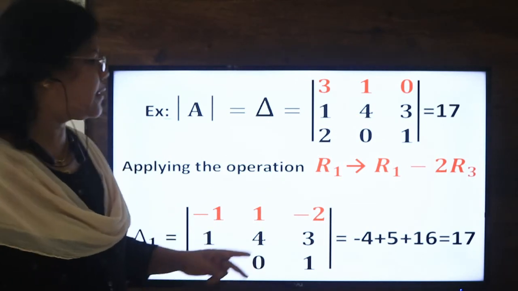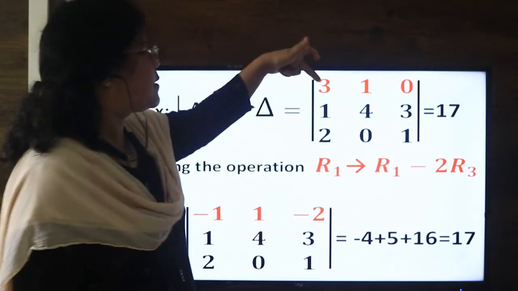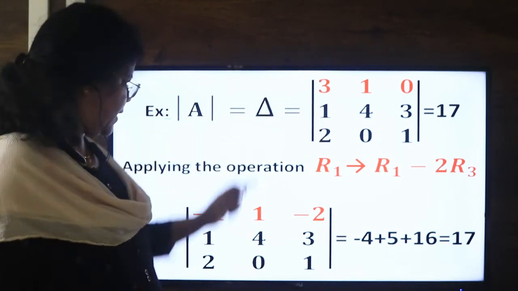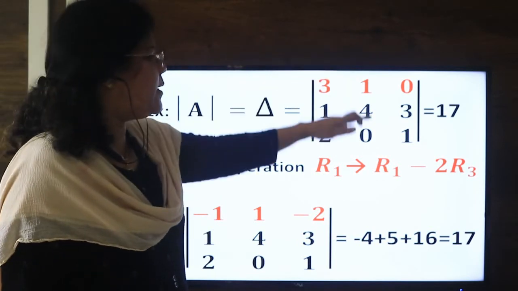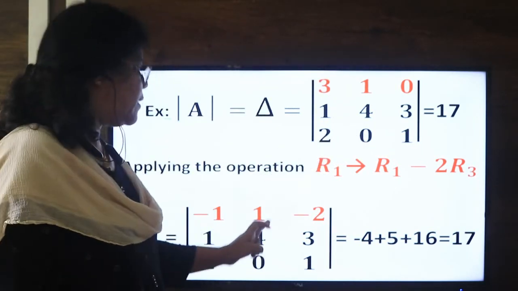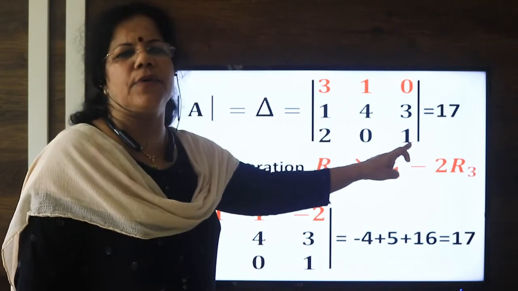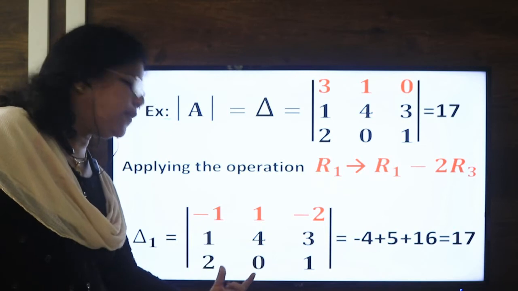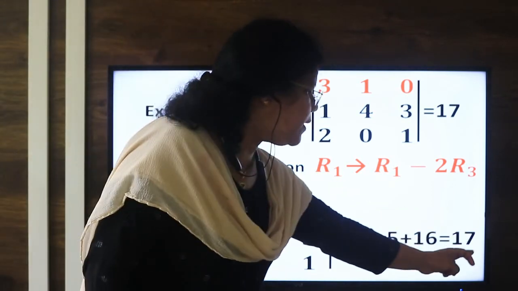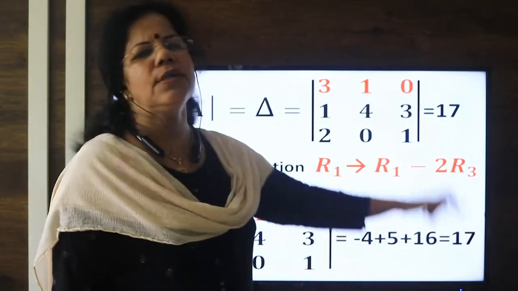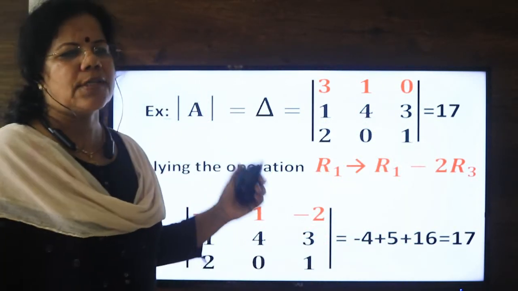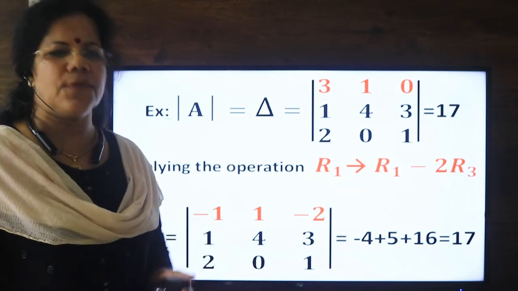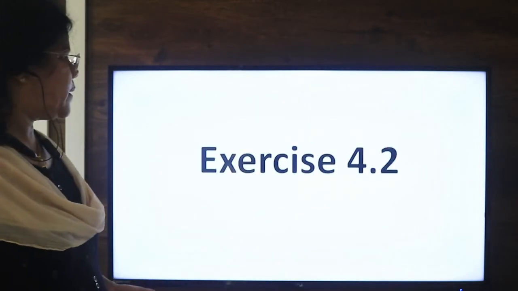R1 has undergone the change, R1 minus 2R3. 3 minus 2 into 2, 4 is 4? 3 minus 4 is negative 1. 1 minus 2 into 0, that is 1. 0 minus 2 into 1, which is negative 2. Now if you expand this determinant, the value will be 17. So there is no change in the value. To simplify the evaluation, we will use this property.